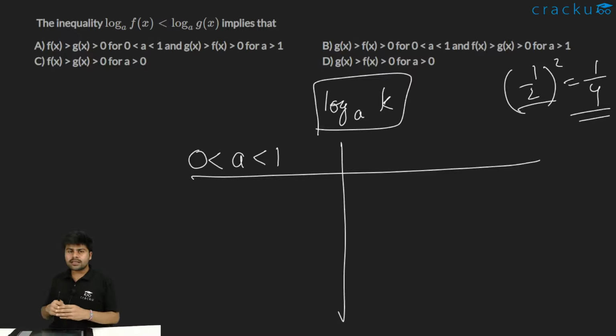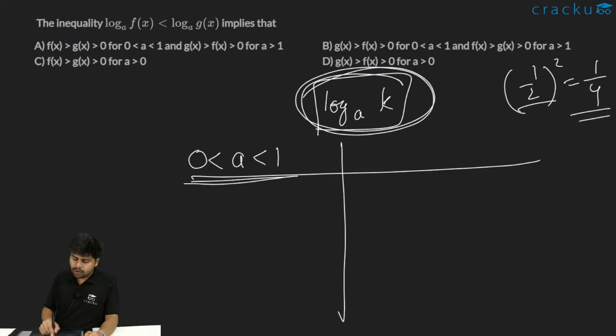So as we raise 1 by 2 to higher and higher powers, the result is lower and lower. So if a lies between 0 and 1, then as the power, log a of k, increases, the value of k decreases.